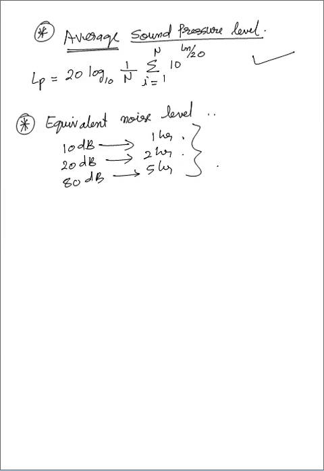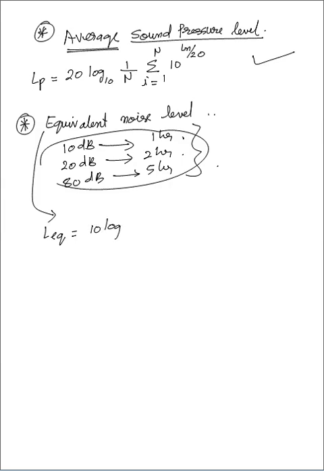Such types of questions are generally asked. In such cases we apply the formula L equivalent is equal to 10 log to the base 10 of the sum from i equal to 1 to n of 10 raised to Li by 10 multiplied by Ti.